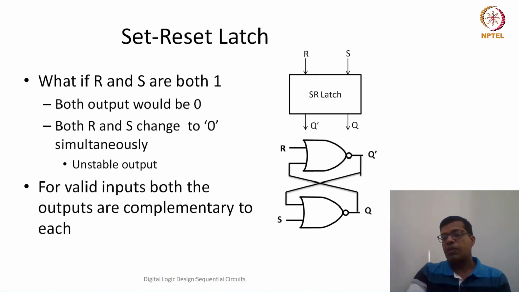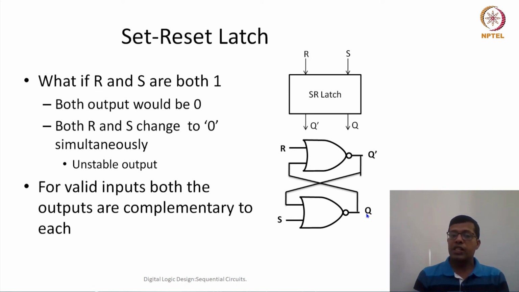After that delta time, the 0 would be presented as an input to both of these NOR gates. So then the output will again become 1. So this 0 1 0 1 0 1 will give us an unstable output. But remember, this unstable output would be there when R and S were initially 1 and both of them changed to 0 at the same time. This is also called race condition.